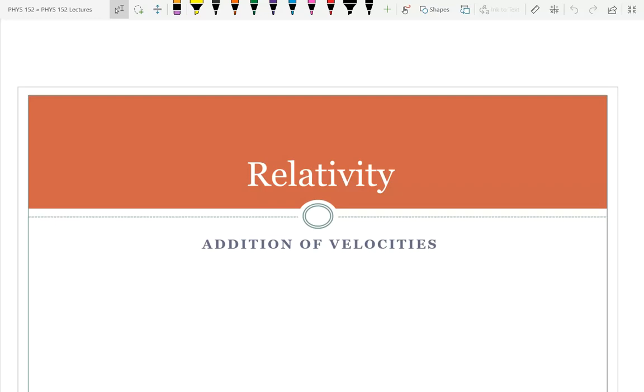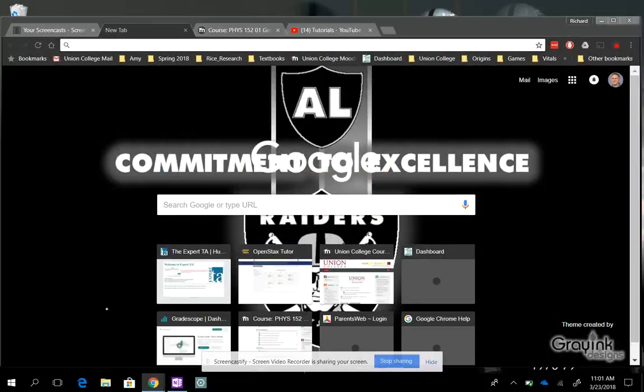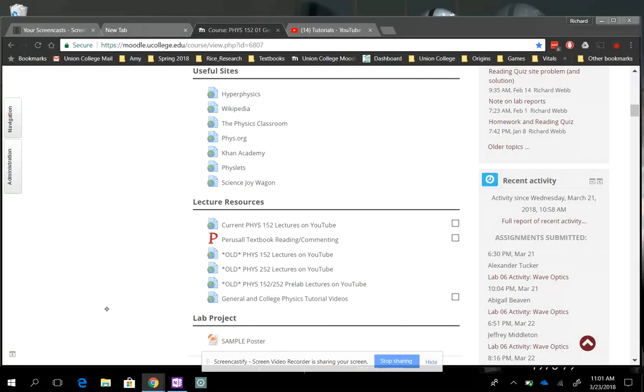Okay, before we get started, just because we have a test coming up on Tuesday, one of the things that is definitely going to be on the test is that you're going to have to use a ruler to draw an accurate ray diagram for finding the image. If you're not clear on how to do that, it would be wise to look at the YouTube tutorial videos, the General College Physics tutorial videos.